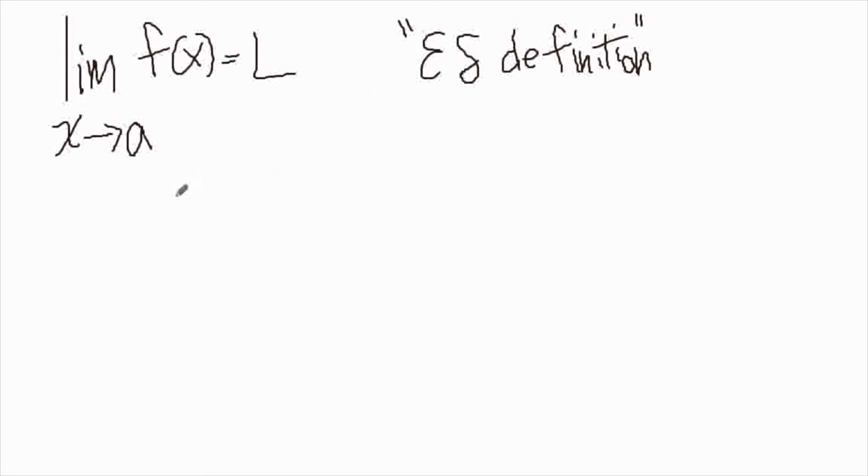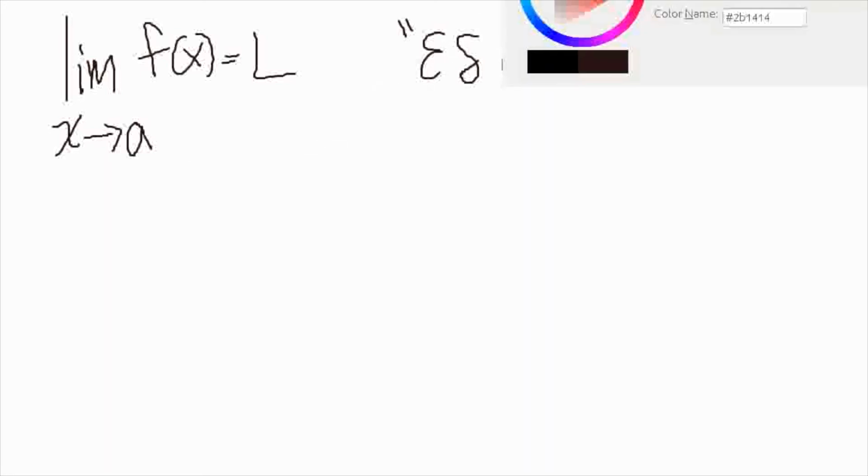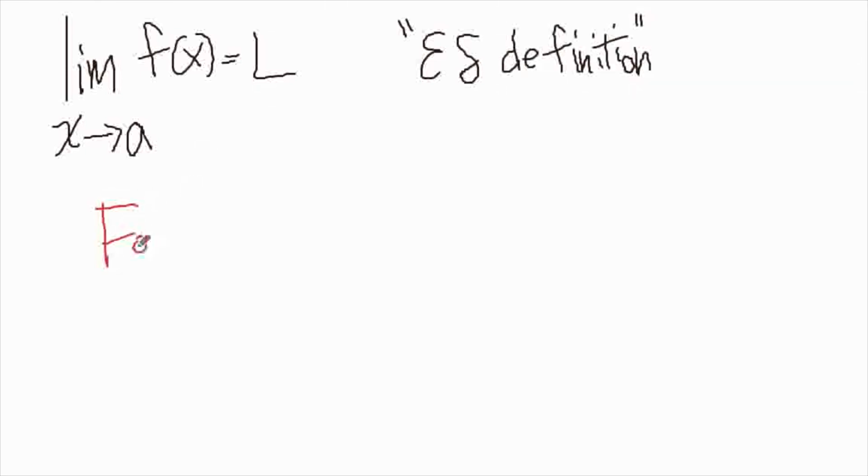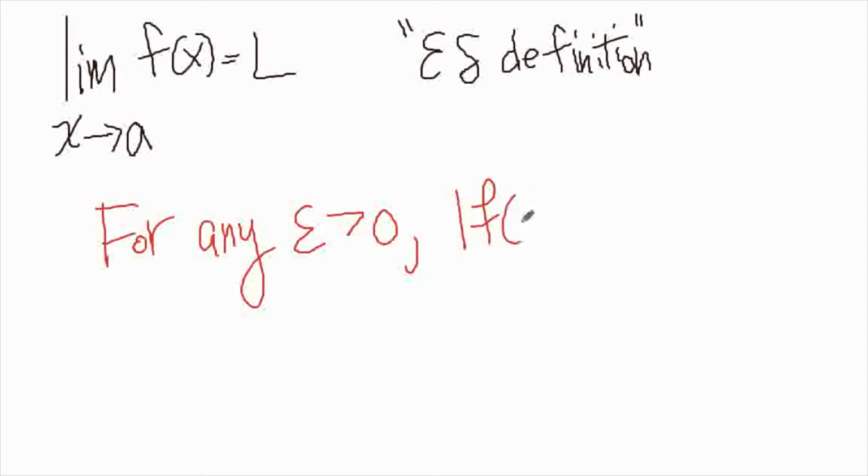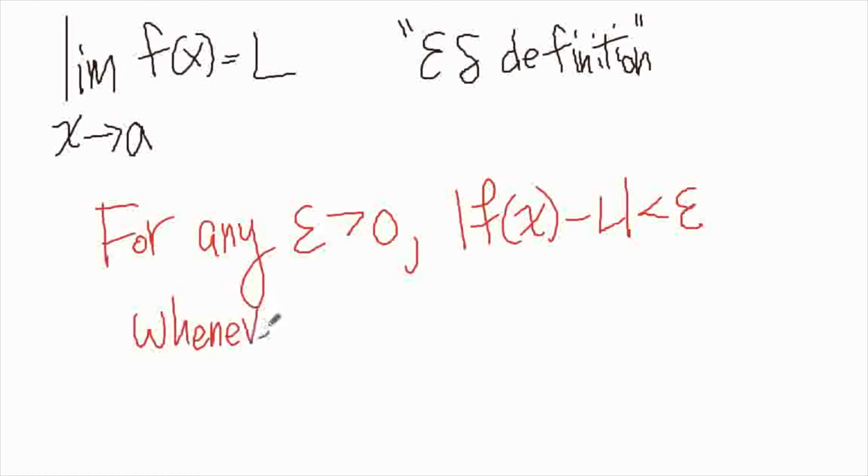So here we go. For any epsilon greater than 0, the absolute value of the difference between f of x and L is less than epsilon whenever 0 is less than the absolute value of the difference between x and a, which is less than delta.